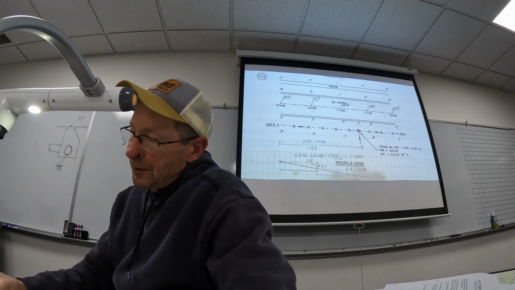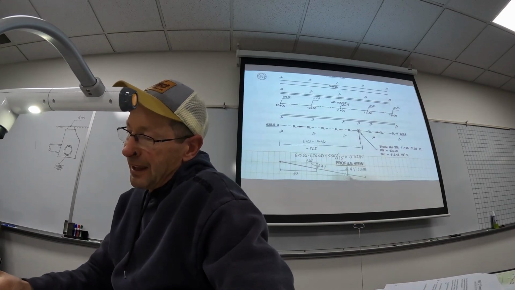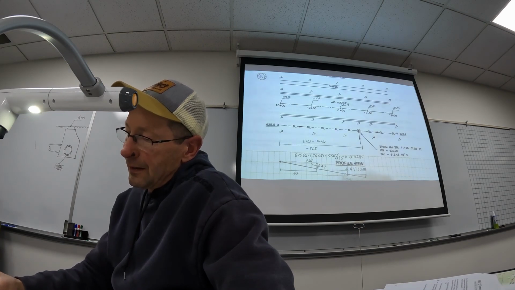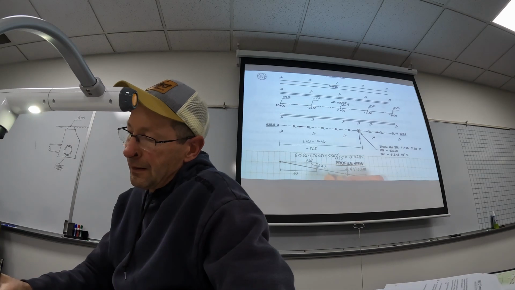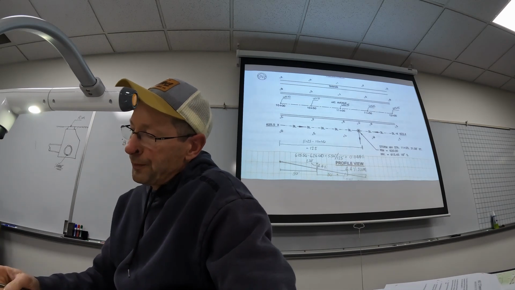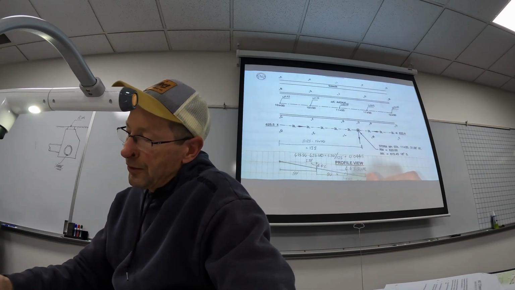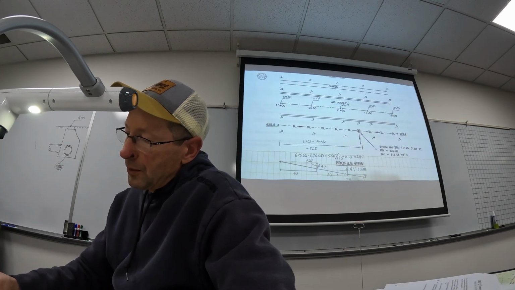So 2.2 feet. And then how about this last leg? How far is this? This is only 25 feet, right? 1.1. So that last drop is 1.1 feet.